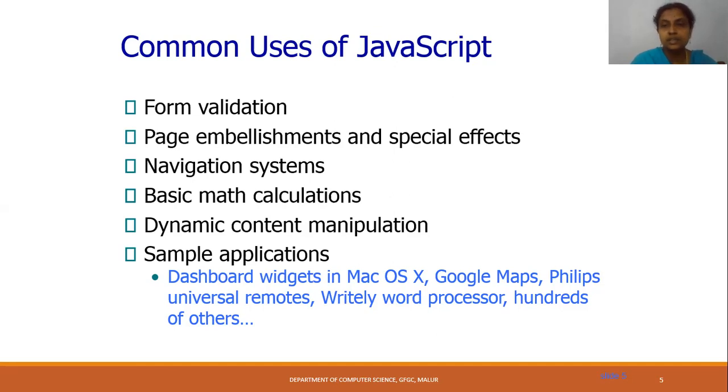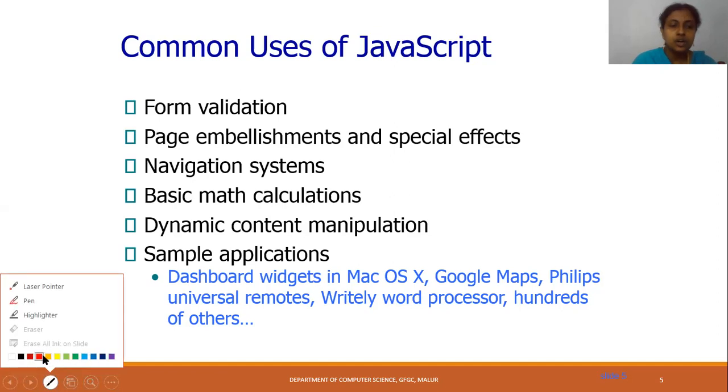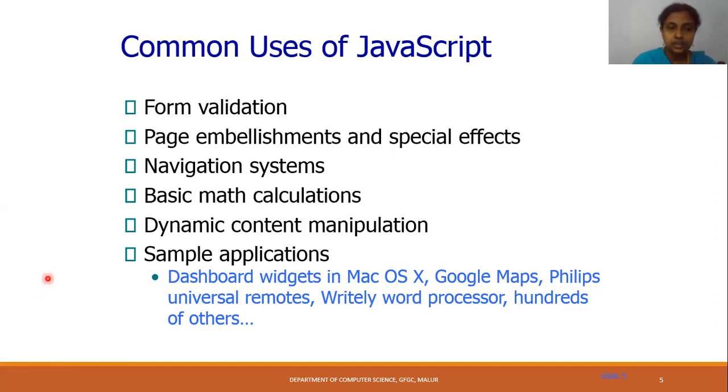Then dynamic content manipulation. Dynamic content manipulation is a concept for runtime, not for static pages that are already ready-made. Whenever you do any page execution, JavaScript helps us manipulate it. Dynamic pages means any application you want. See, most of you applied for TCS through online mode. That is dynamic pages.